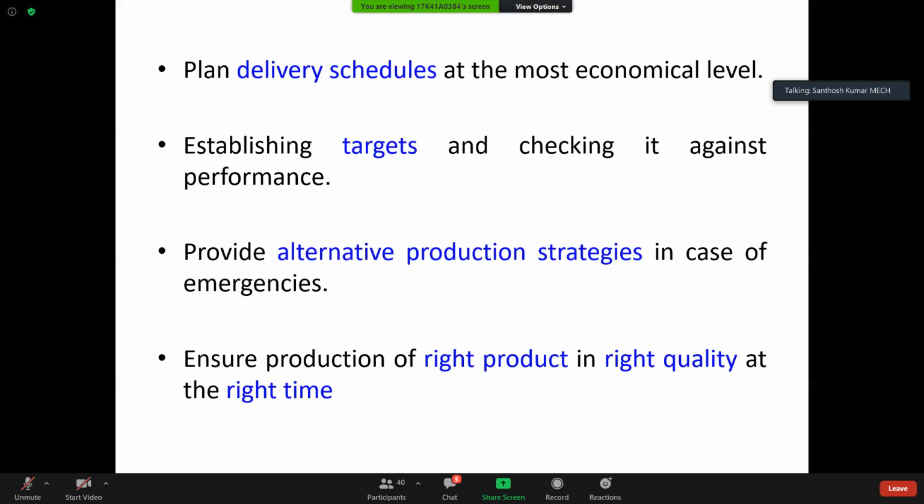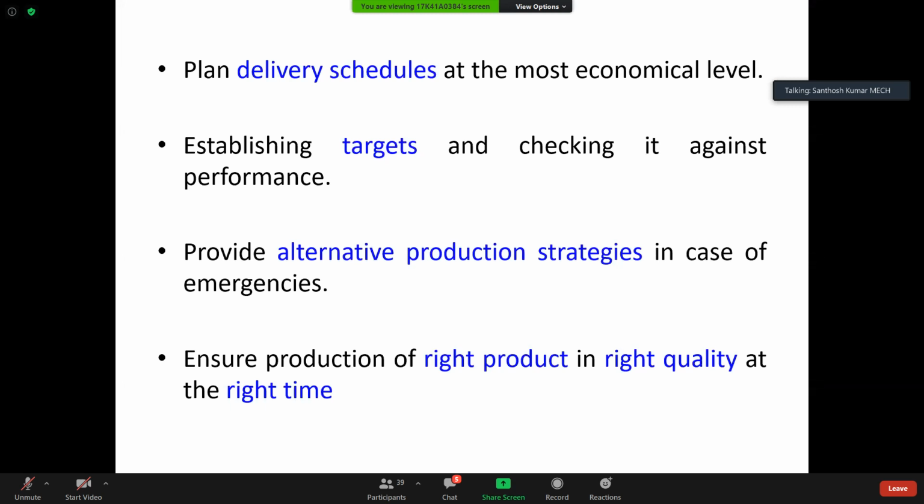Next, provide alternative production strategies in case of emergencies. Okay, this is very important. Sometimes customers, like we got some orders in 2013. Generally, to manufacture any motor it requires 4 months because those are very high-end motors. But in 2013 we received an order where we needed to deliver the motor within 3.5 months.